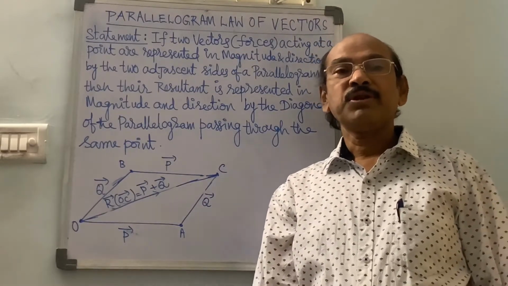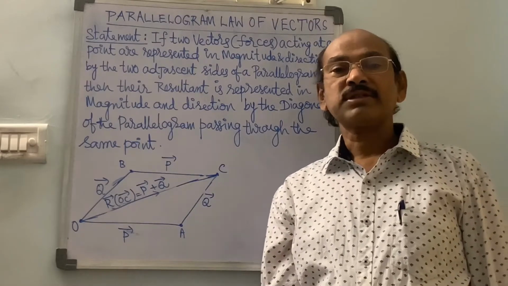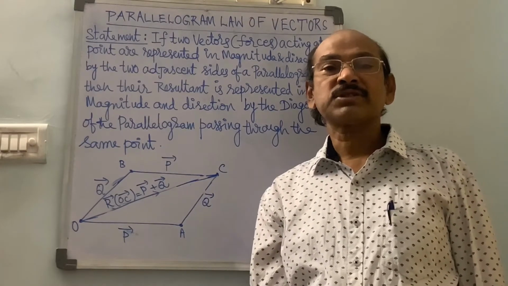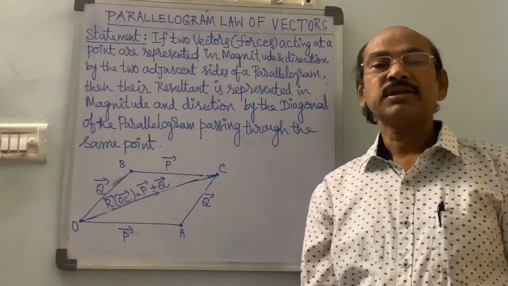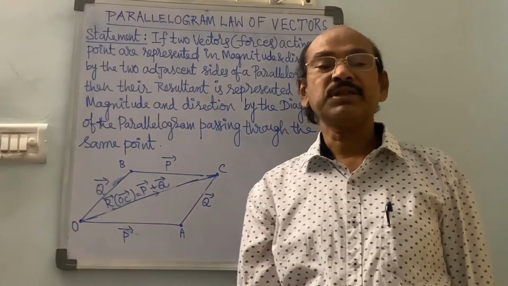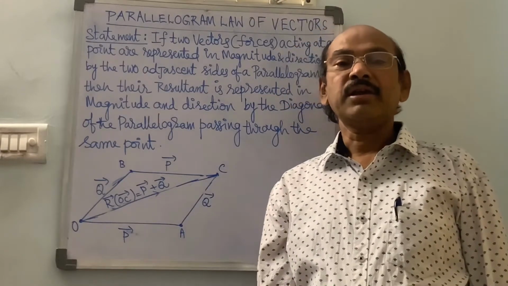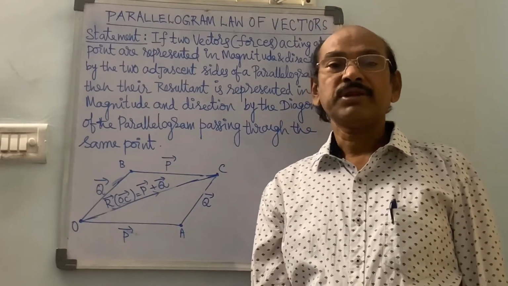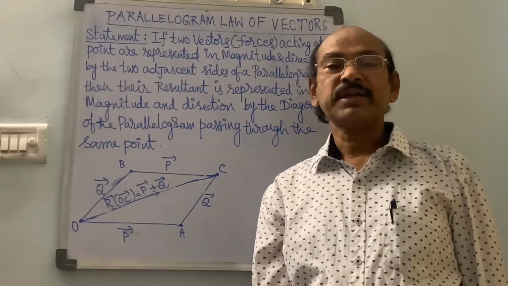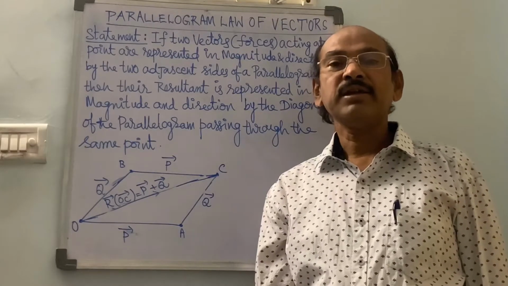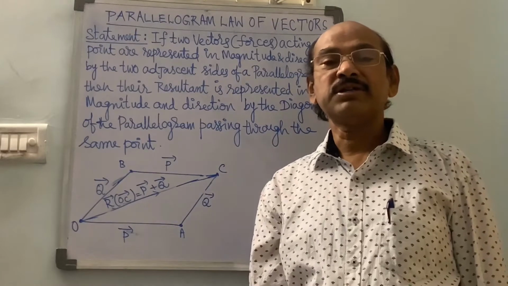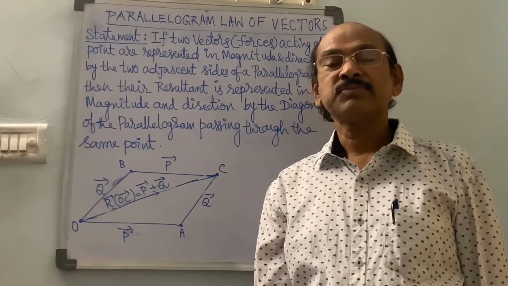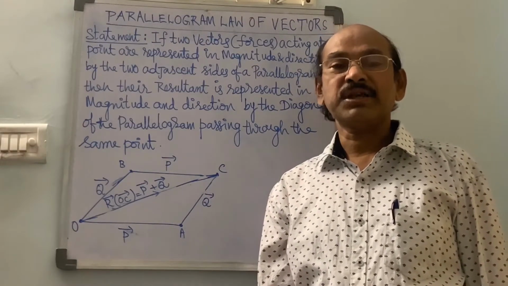So if two vectors or two forces act simultaneously at a point, the resultant is found using the triangle law.